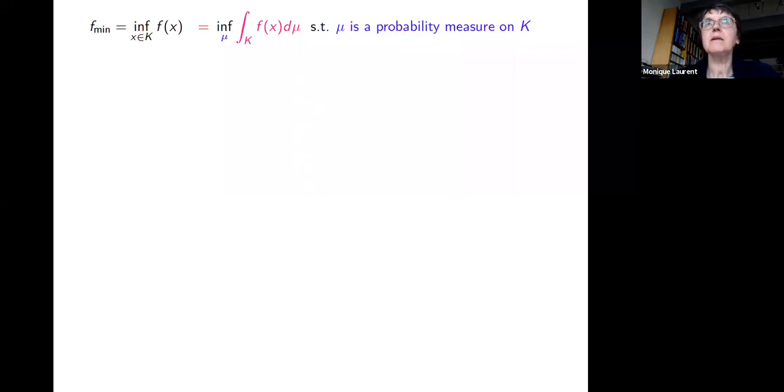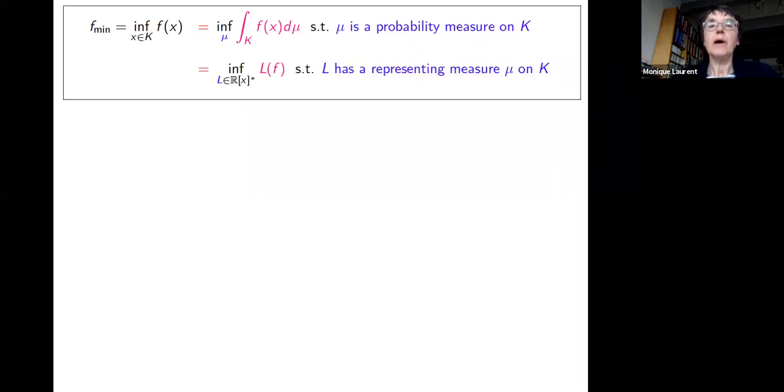Since we are minimizing, instead of minimizing over the Dirac measure at x, we can minimize over a convex combination of Dirac measures at points in K. This leads us to minimizing over probability measures on the set K. In other words, we can reformulate our original polynomial optimization problem as finding a probability measure mu on K for which the expected value of f with respect to this measure is as small as possible. This is really a very easy derivation.